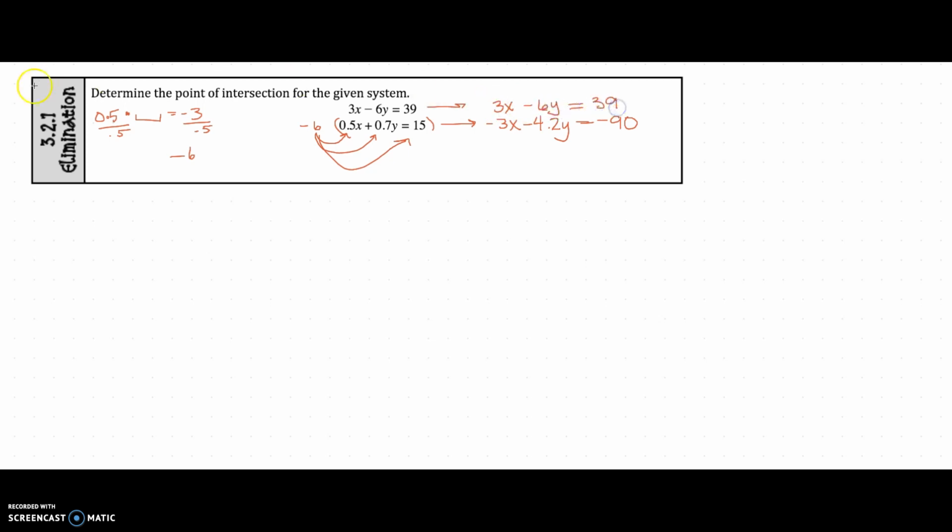So before I even start this process, I want to make sure that something will cancel. Now that I have +3 and -3, I know that it'll cancel, so I can add up and down. So 3 and -3 go away. -6 plus -4.2 gives me -10.2y equals, and then 39 plus -90 gives me -51.